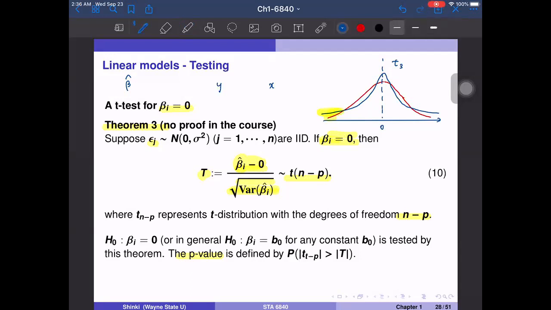If the statistic t falls in a typical range, such as here or here, then we don't reject. But if t is very extreme, and exceeds some threshold, then we reject the null hypothesis. So this is the idea of the t-test.